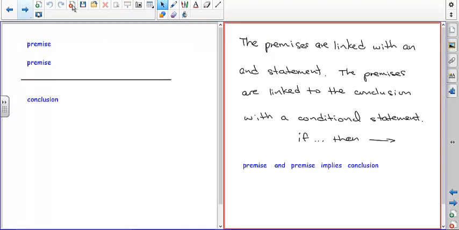So the rules for the premises: we're going to have two logic statements here for the premises. We're going to link them with an and statement. So we're going to say, for example, if you study hard, then you will get an A. That's the first premise. And he studied hard. That's the second premise. I connect those with the and statement.